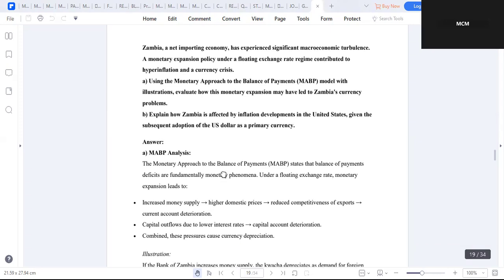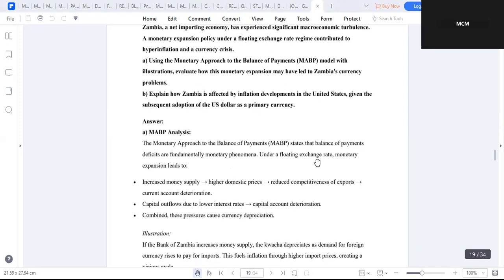So this phenomenon would actually lead to, number one, an increase in money supply, where we have more money chasing fewer goods. The application to Zambia is that the Bank of Zambia had increased the money supply through what we call expansionary policies.